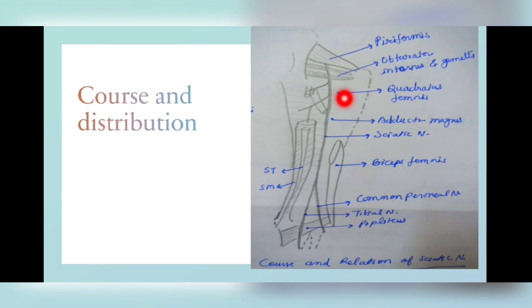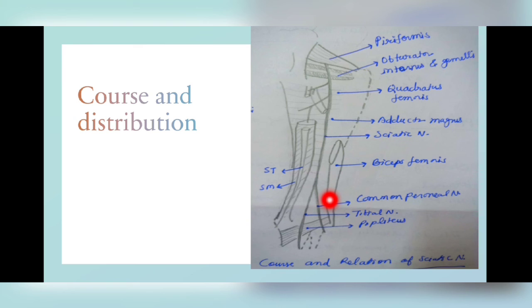Sciatic nerve gives one articular branch to the hip joint, and it gives muscular branches. The tibial part of sciatic nerve gives muscular branches to semitendinosus, semimembranosus, the ischial part of adductor magnus, and the long head of biceps femoris. The short head of biceps femoris is supplied by the common peroneal part of sciatic nerve.